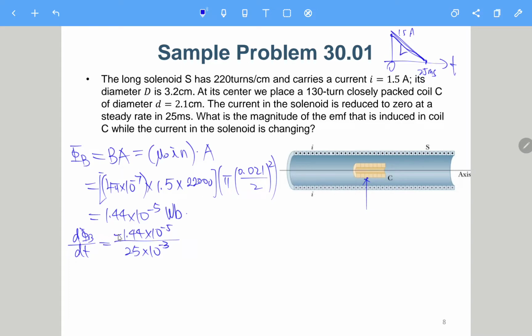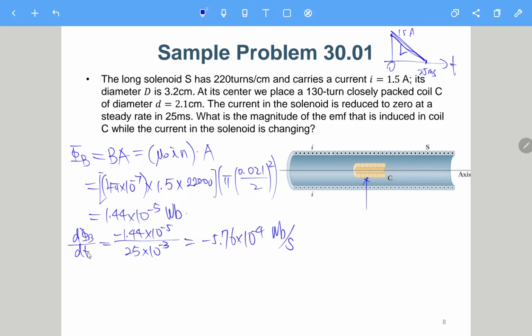At the beginning ΦB is 1.44 times 10 to the minus 5, and then it reduces steadily at a constant rate, so we divide it by 25 milliseconds. This number is negative 5.76 times 10 to the minus 4 Weber per second.